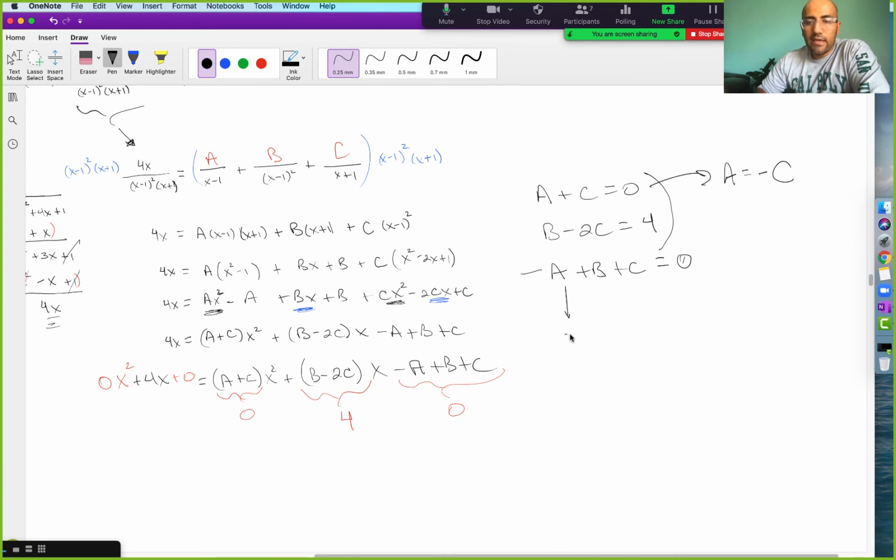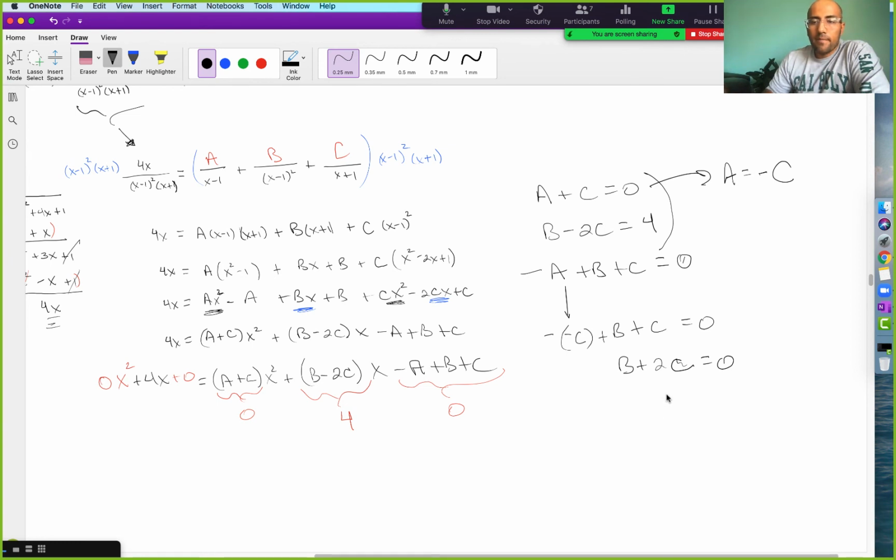And so the a is a negative c. However, there is already another negative out there. Plus b plus c equals 0. So this becomes plus, so I get that b plus 2c must be 0.